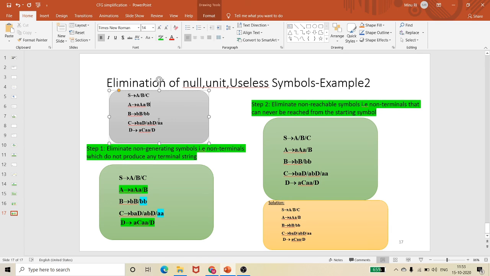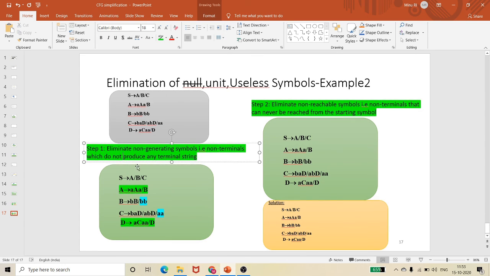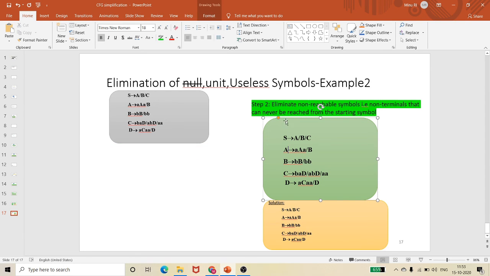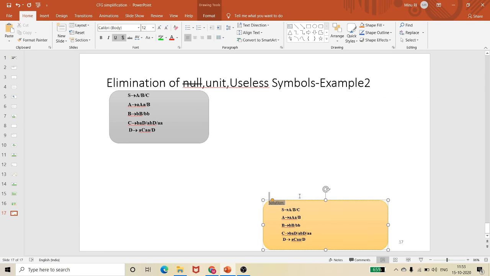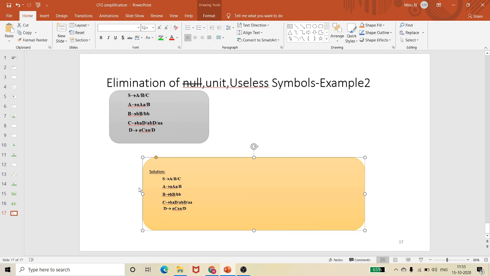You can see here there is no null production, so we will leave it off. With respect to unit productions, let me make it quite big.